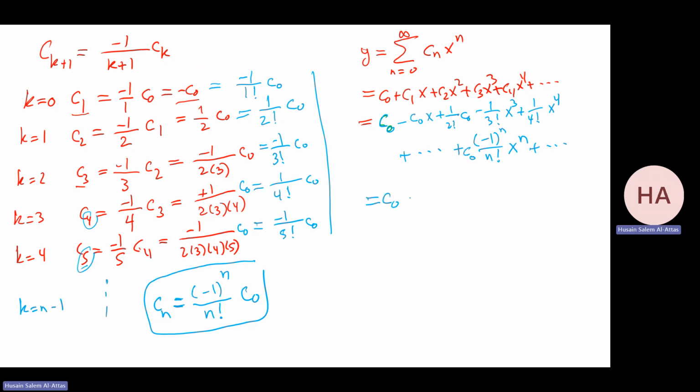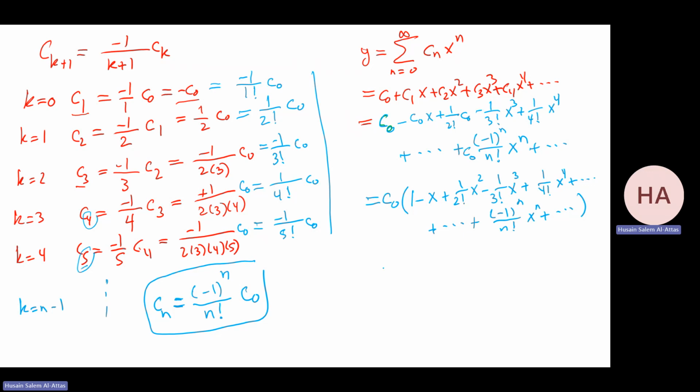If I take C0 as a common factor, what's the remaining? 1 minus x plus 1 over 2 factorial x squared minus 1 over 3 factorial x cubed plus 1 over 4 factorial x to the power 4, plus or minus, until we reach plus minus 1 to the power n over n factorial x to the power n plus the rest.